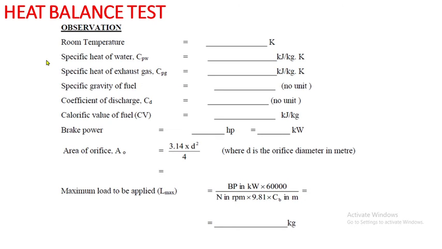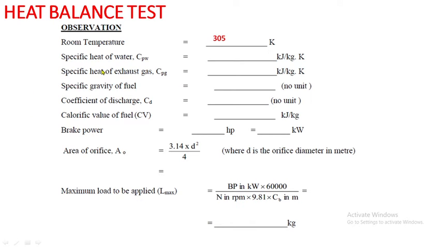Some of the observations we already discussed in the performance test itself. Here the room temperature you may measure at the beginning of the experiment. Here I assumed 32 degrees Celsius; 273 plus 32 is 305.